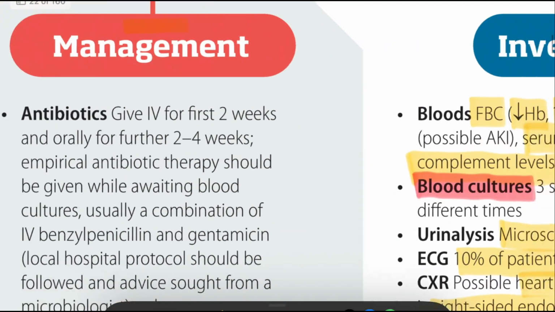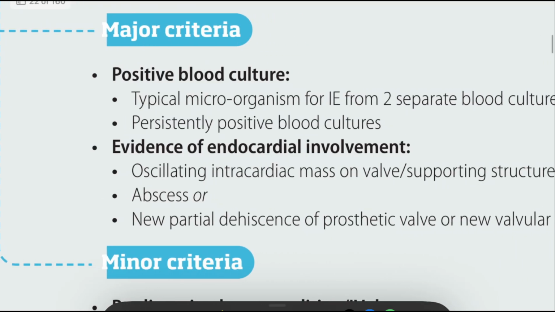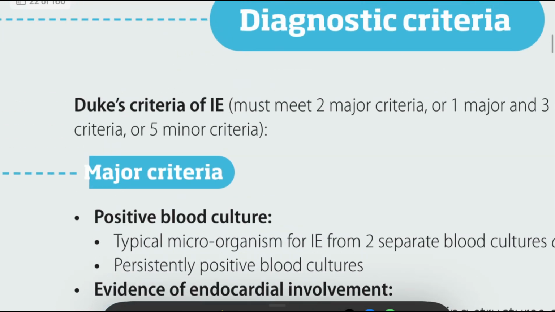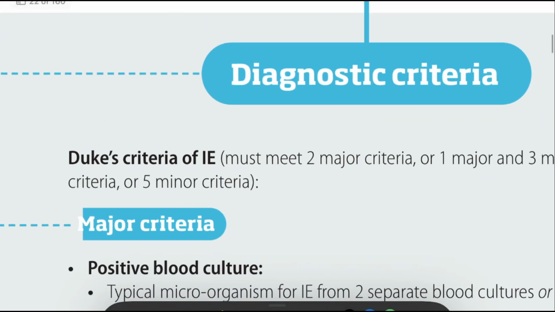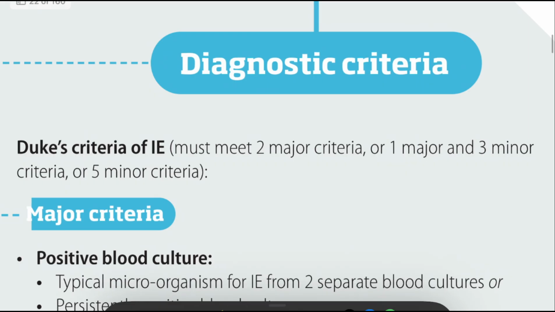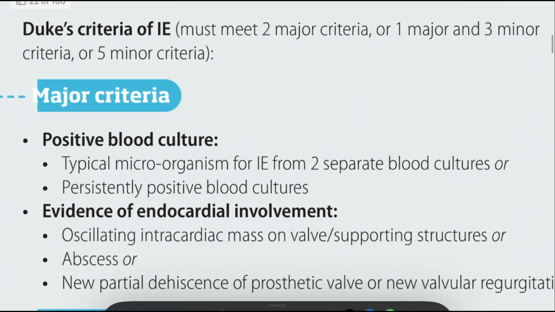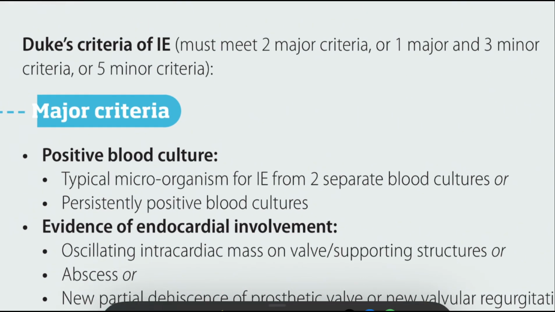So next, the main thing we have is the criteria, that is the Duke criteria. This Duke criteria will help to diagnose infective endocarditis. It is based on two main criteria: major criteria and minor criteria. In major criteria, we can see positive blood culture and evidence of endocardial involvement.